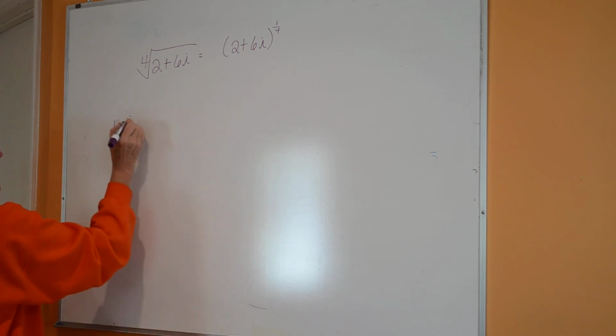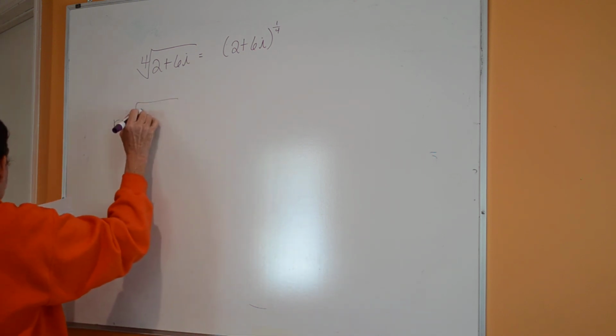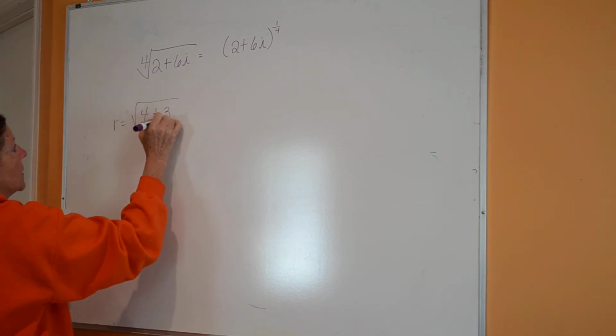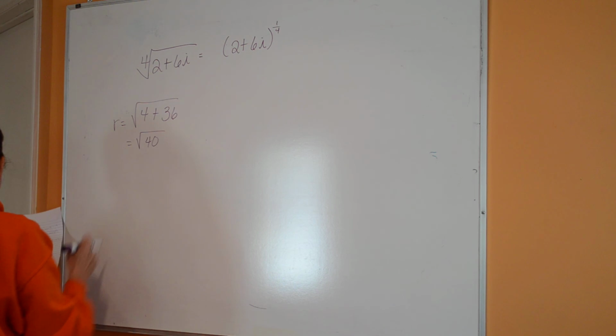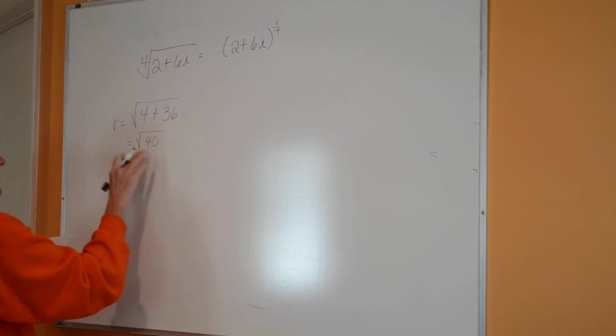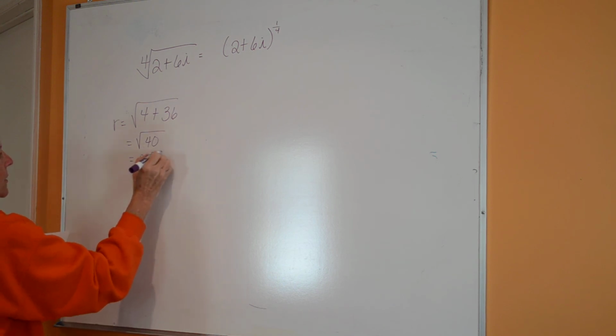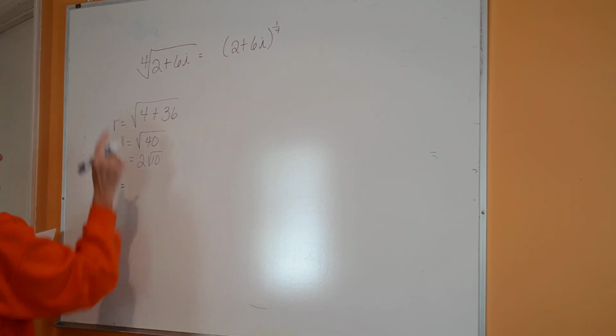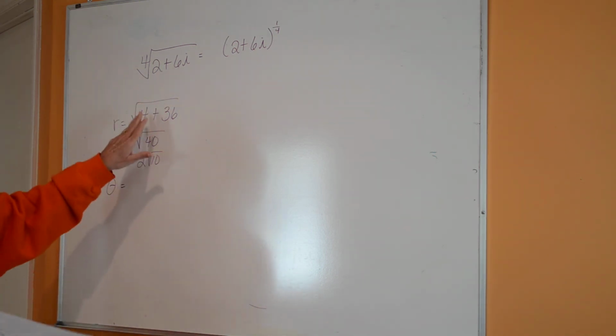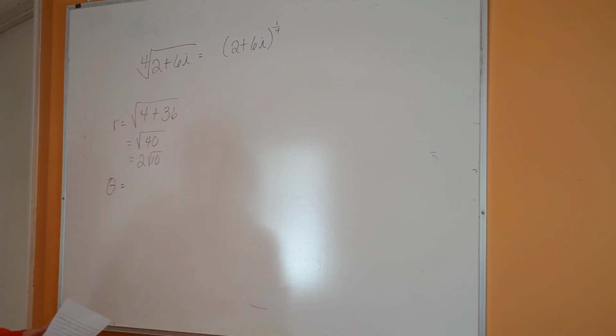So let's find the r, so the square root of 4 plus 36, or the square root of 40. I probably would break that down into 4 times 10, or 2 times the square root of 10. Your theta is going to be in your first quadrant because both your cosine and your sine are positive.